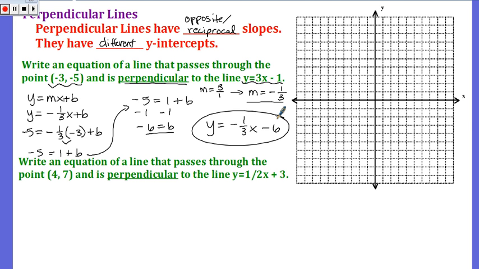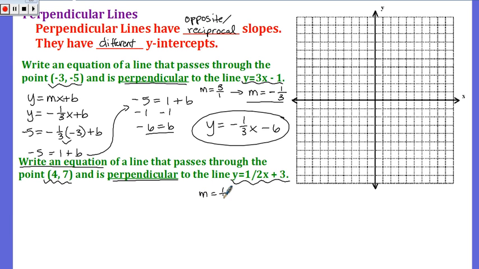And the last one, I see that I want the equation of a line, so y = mx + b, that goes through the point (4, 7) and is perpendicular, so opposite reciprocal slopes, to the line y = 1/2 x + 3.